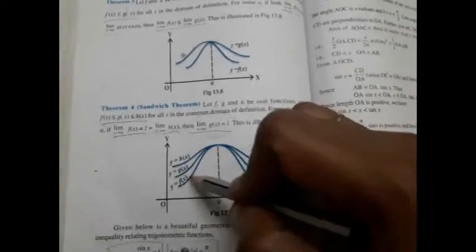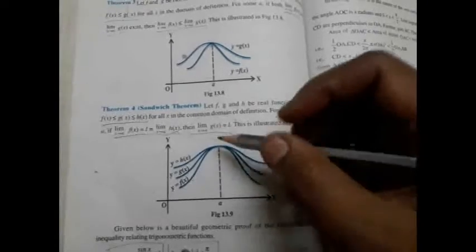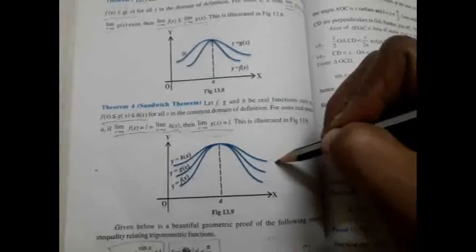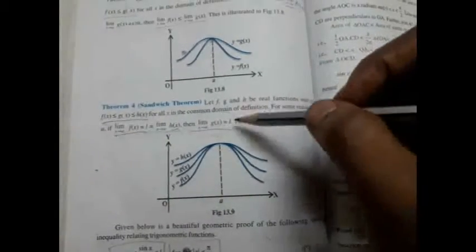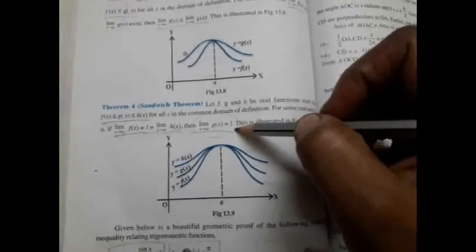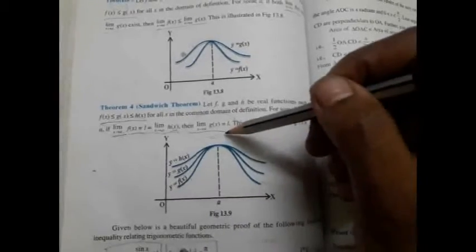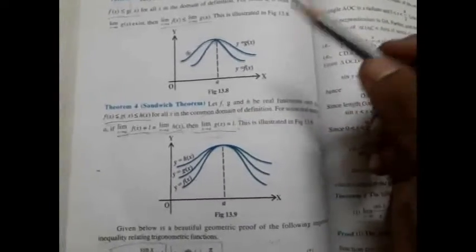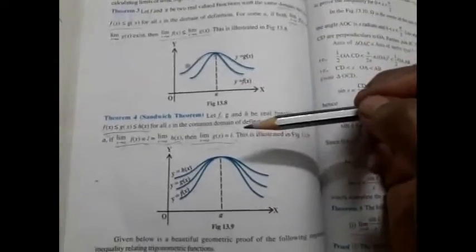If three functions lie one below the other, and if the first one and the last one tend to some particular value at some value of x, the middle one will also approach the same value. If limit x tends to a f of x and h of x is equal to L, then limit x tends to a g of x is also equal to L only, right? So these are the two important things.